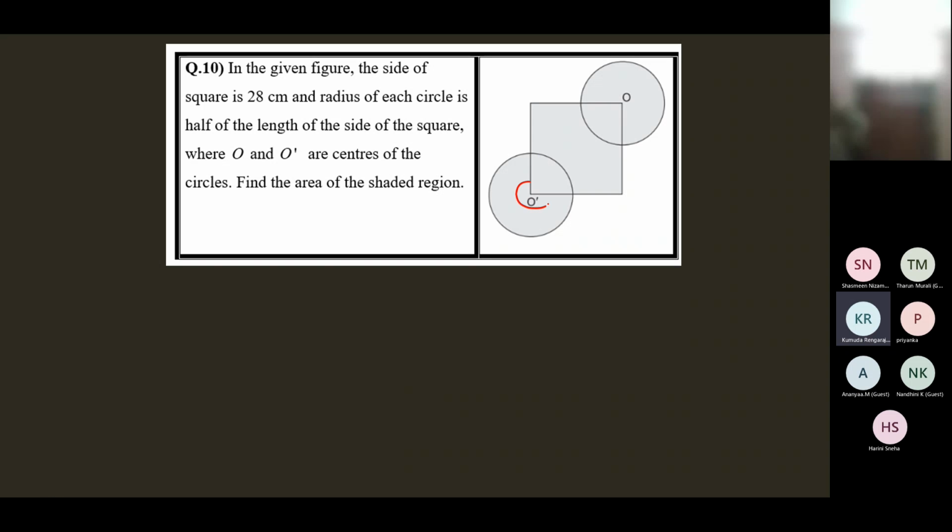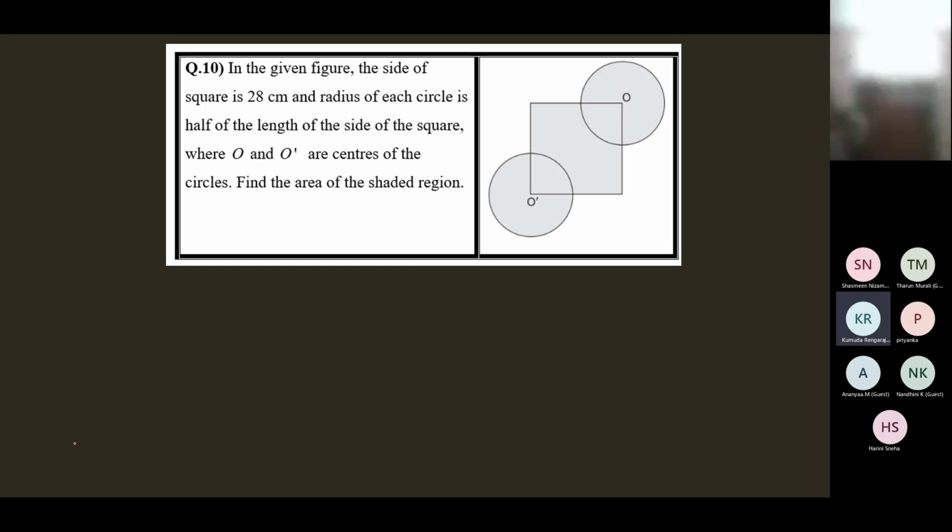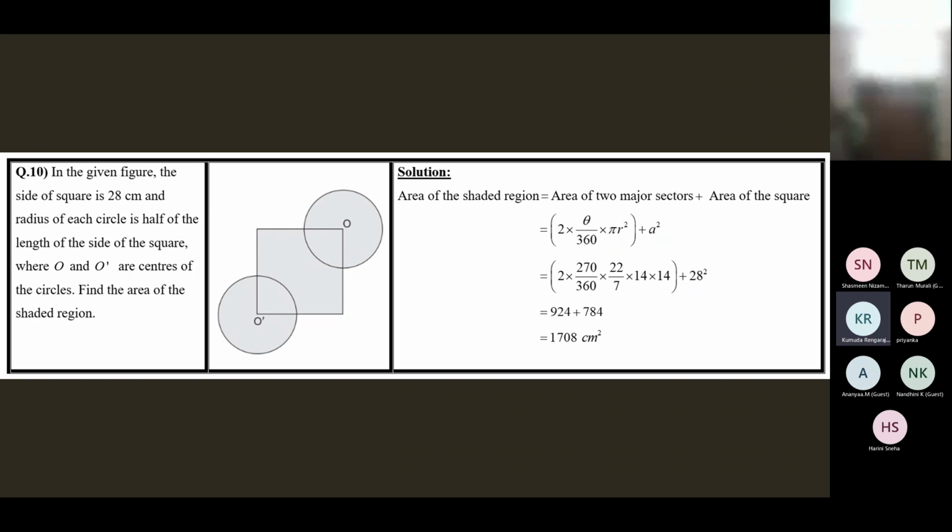This is 270, this is also 270. Area of the square. Don't find this area, this is already there in the square. Don't repeat it. So area of the square plus the area of the 2 major sectors with sector angle 270 degrees will be the area of the shaded region.